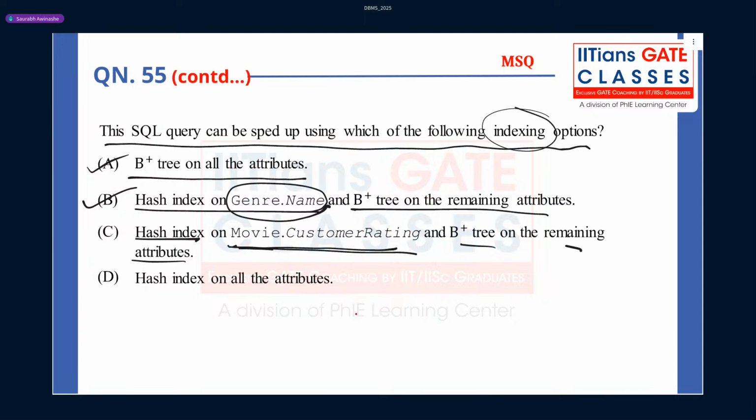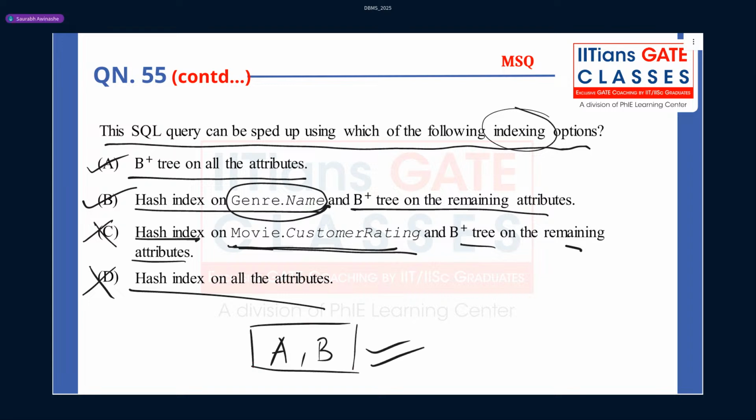So it cannot perform well with hashing. That is why option C is incorrect. And similarly, option D is also incorrect because you cannot have a hash index for range queries. So the correct options are option A and option B for this question.